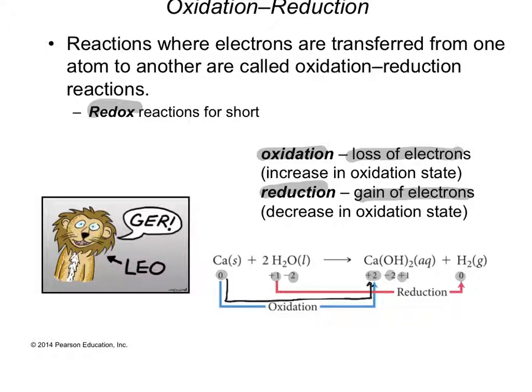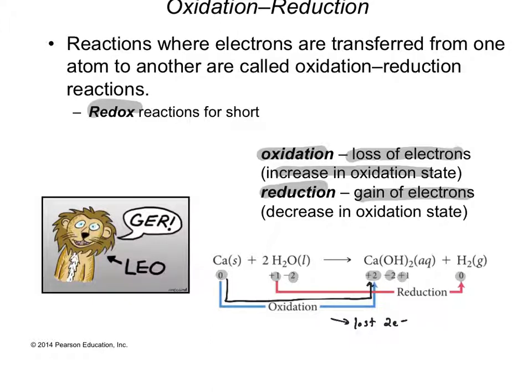What's had to have happened? You had to have lost electrons, okay? So going from a 0 to a +2 indicates that we have lost electrons, and most importantly, we have lost 2 electrons, right? So 2 electrons is important. So loss of electrons, that is oxidation. It also results in the increase in the oxidation state. We go from a 0 to a +2, okay?